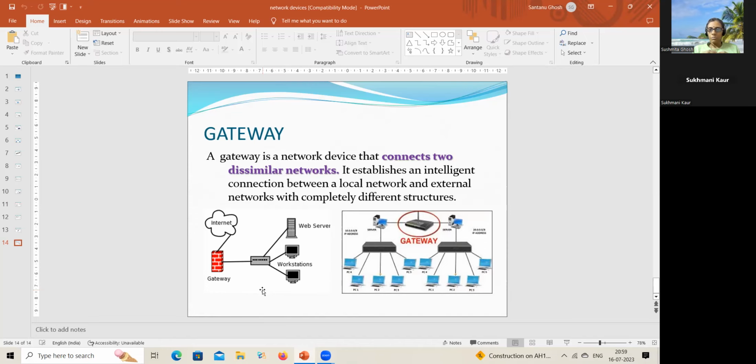A workstation is like a PC with networking capability. All my lab computers are workstations. They work individually and have the capacity to link to the network, and when they get linked, they become nodes. So these are the devices which you should understand and be able to implement also.